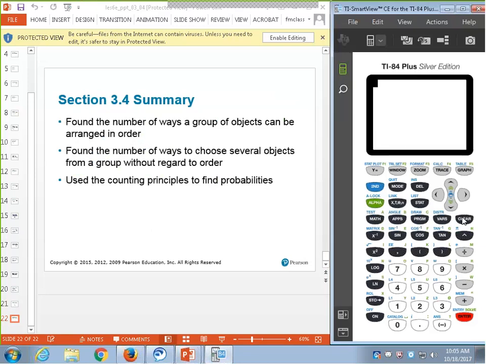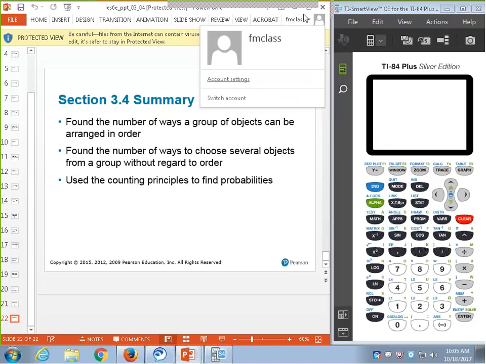Okay, that finishes section 3.4. Okay, now, let's do maybe just 1 or 2 homework problems. All right, and then we'll stop for section 3.4.